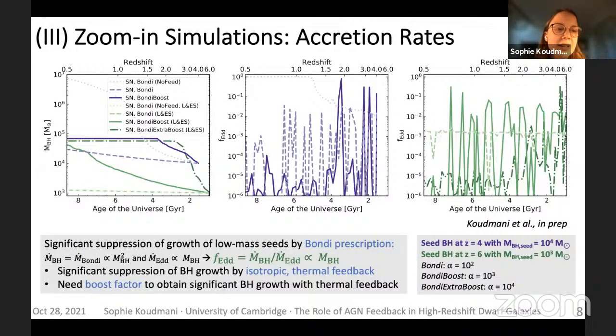And here I'm also showing you the evolution of the black hole mass, as well as of the Eddington fraction, again, as a function of cosmic time. I've split up the late seeding and the early seeding for the Eddington fraction for clarity.